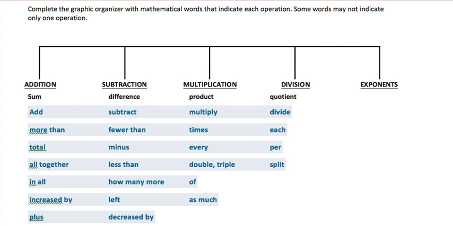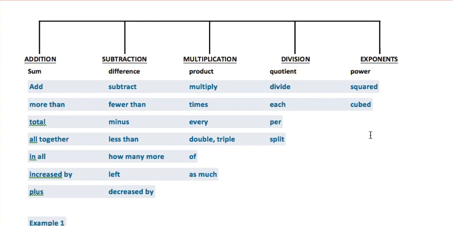And finally, some words that you'll see for exponents are power, squared, and cubed. Squared, of course, means to the second power, and cubed means to the third power. So there's a table of some of the common terms that we will see word-wise that we need to translate into expressions that we can actually work with.